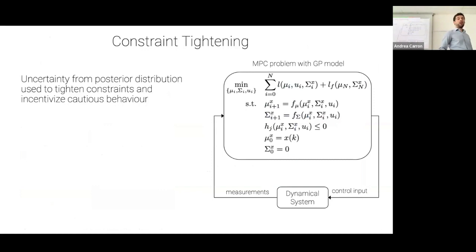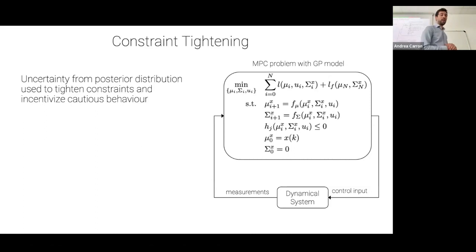So what we can do is to not only propagate the dynamics of the learned model, but also propagate the uncertainty over the horizon, and then use this uncertainty to perform constraint tightening, so to tighten our constraints such that we try to avoid constraint violation. This incentivizes a cautious behavior of the controller.